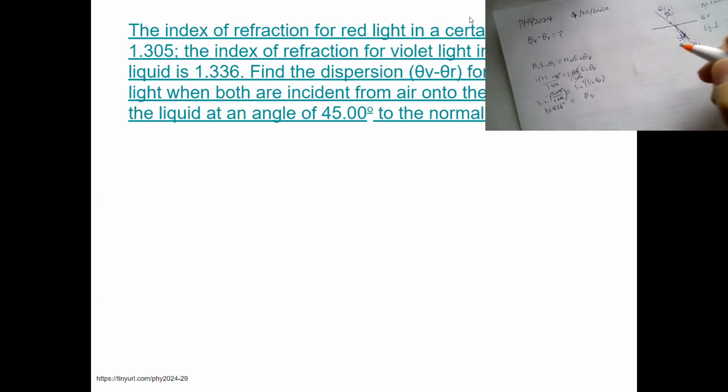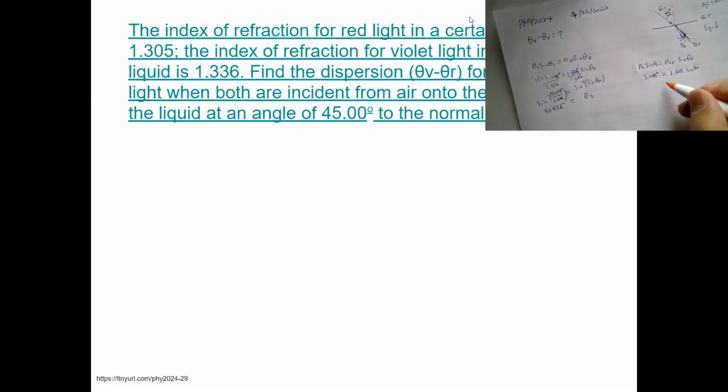Now we need to look for theta r, so we apply Snell's law another time. n1 sine theta 1 equals n2r sine theta r. You'll be doing the same thing here. I'm going to just use 1 for n1, so on the left-hand side it's just sine of 45. Then this is 1.305 for n2r, times sine of theta r.